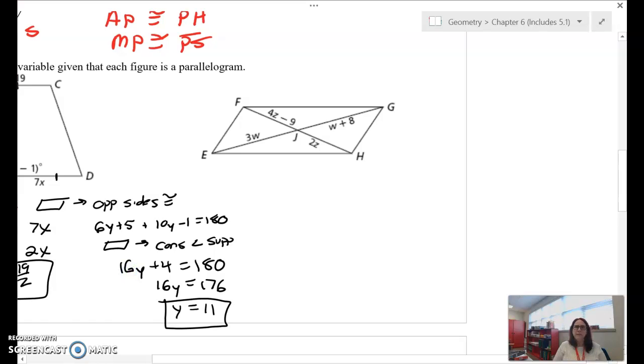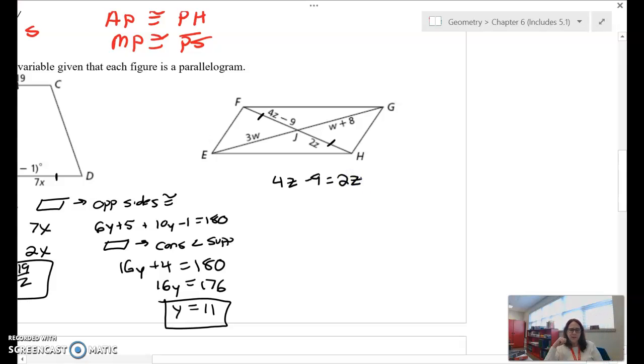This one we have information about the diagonals. Diagonals bisect each other. So right away, I'm going to mark line segment FJ congruent with line segment JH. That allows me to write this equation: 4z minus 9 equals 2z.